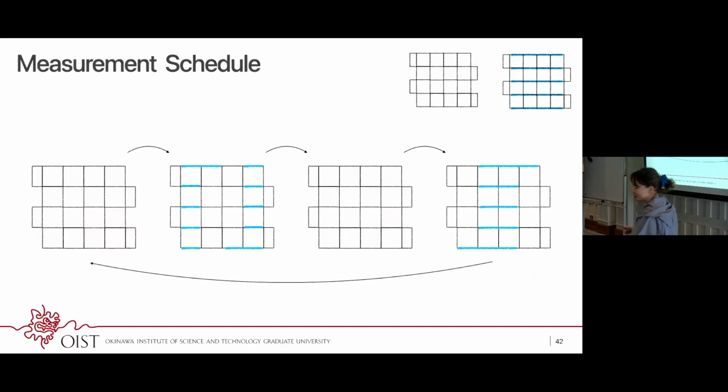So in this code, we use the same strategy as in the Bacon-Shor work. We only modified the schedule of the code without modifying the code layout.